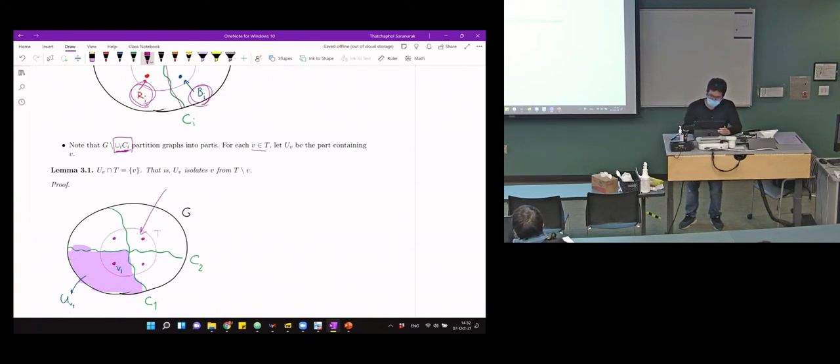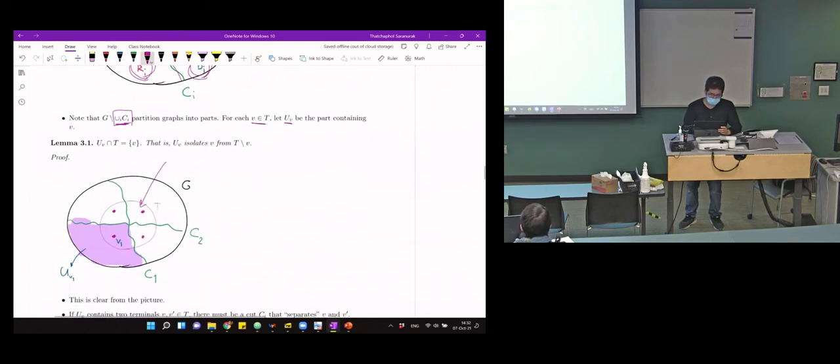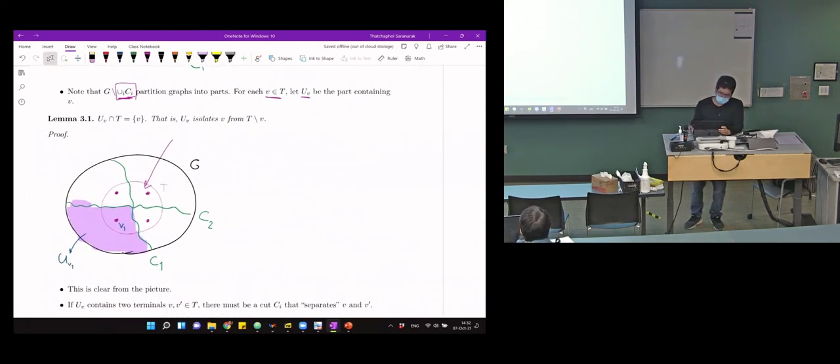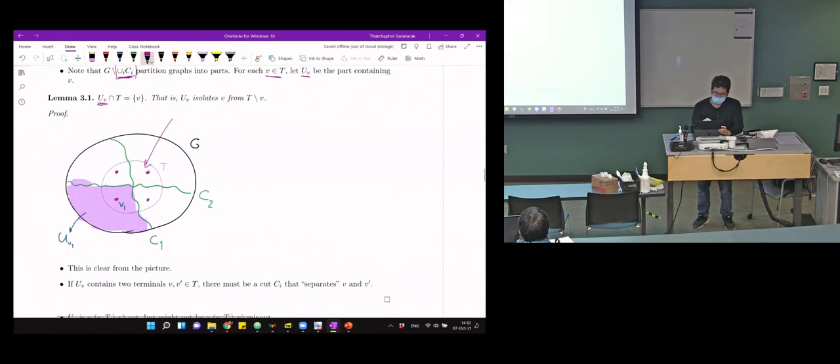For each terminal V, I can define UV to be the part that contains V. And then it's kind of clear that UV will contain exactly V and no other terminal. This UV really separates V from the rest.